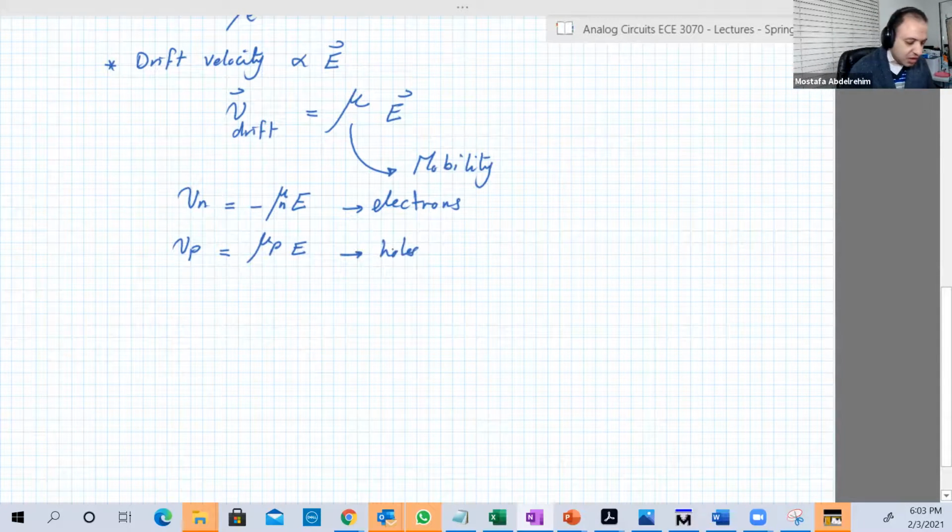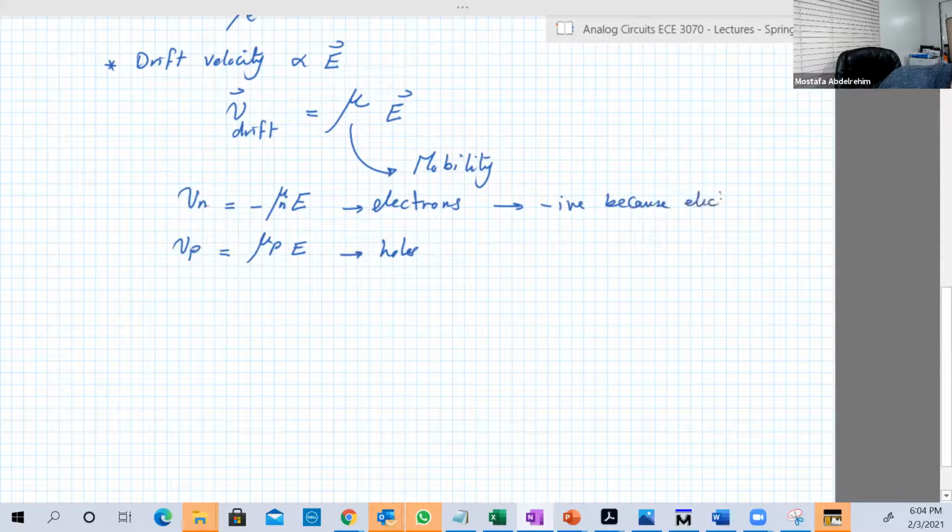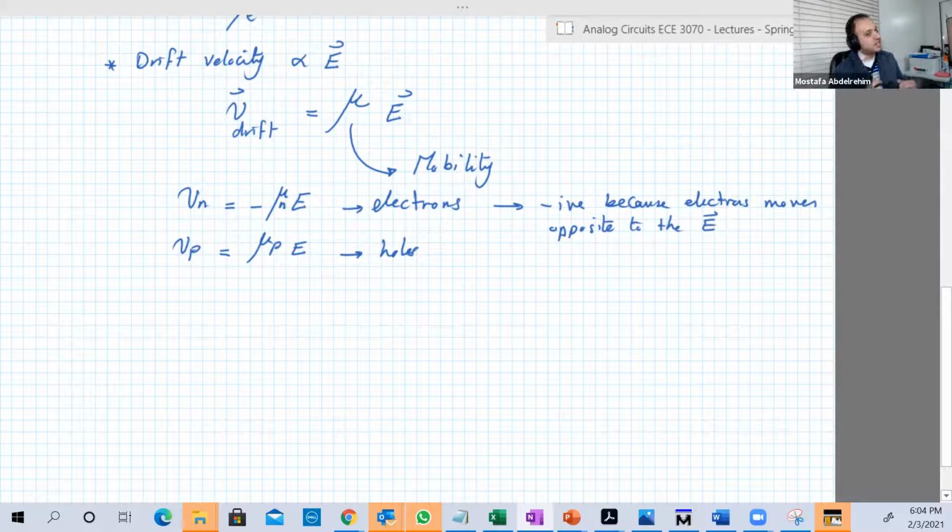And why minus? Because electrons move opposite to the electric field. But the holes move from negative to positive, just like the electric field.